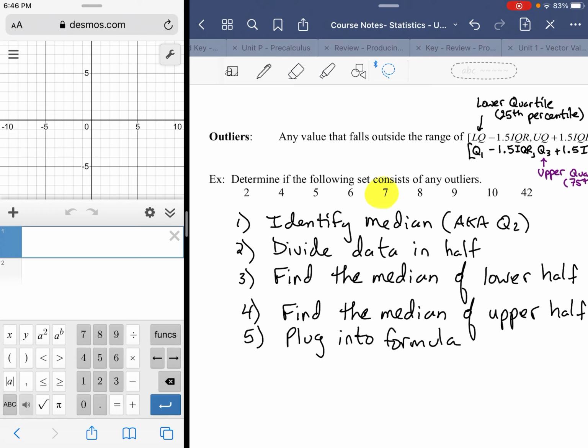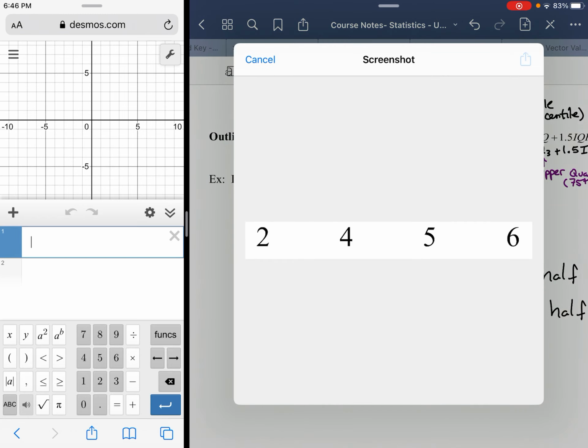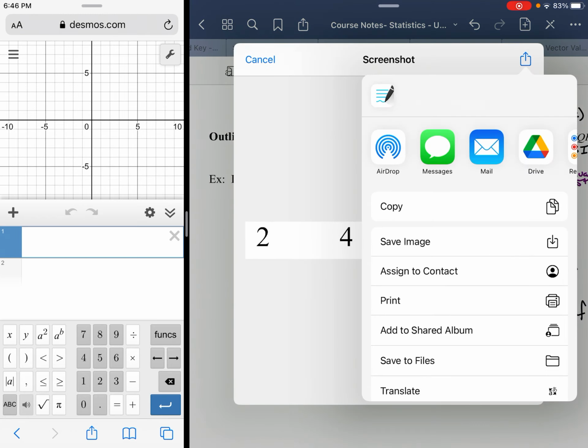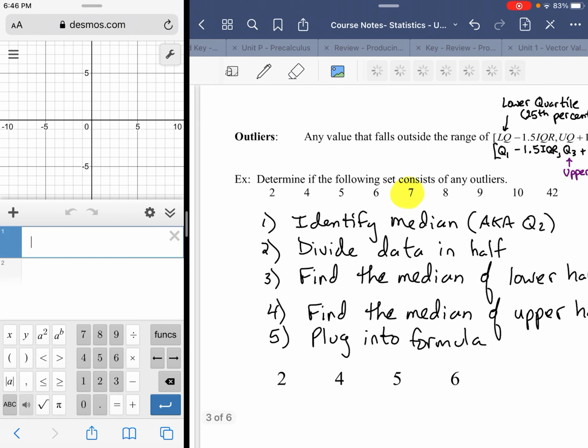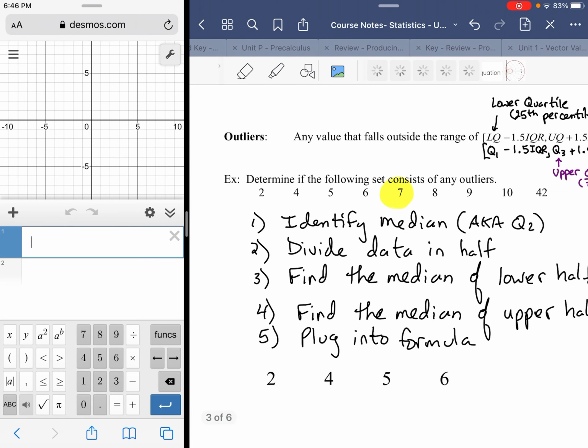All right, which is going to tell me to take the lower half of data, so any value that's below that 7, and then take the upper half of data, which would be any value that's above that 7.